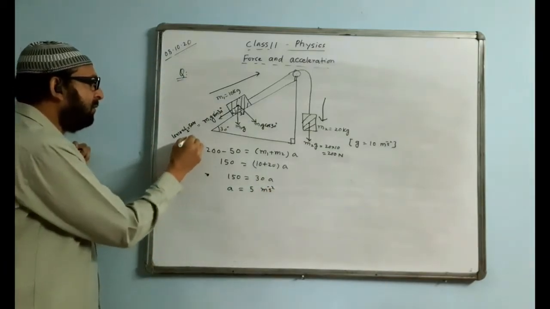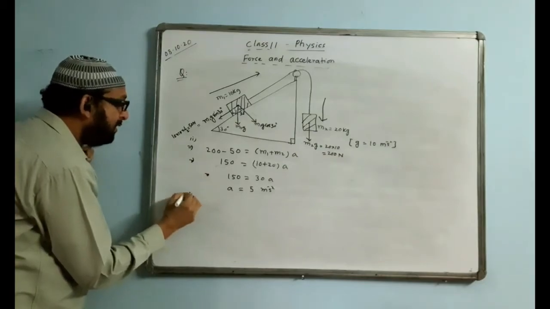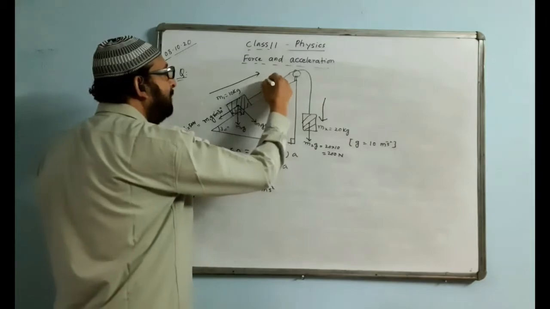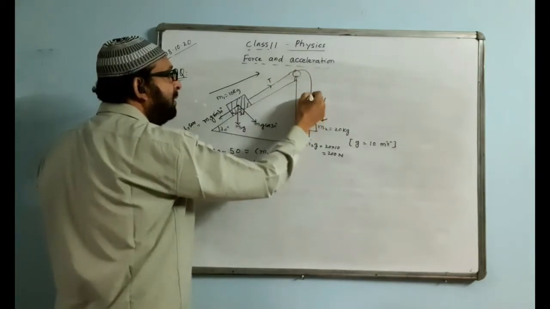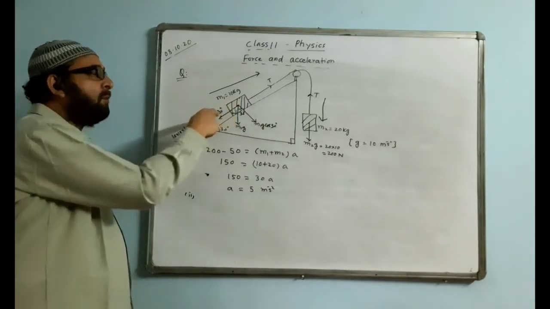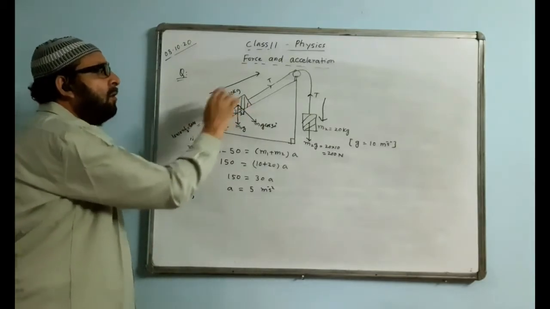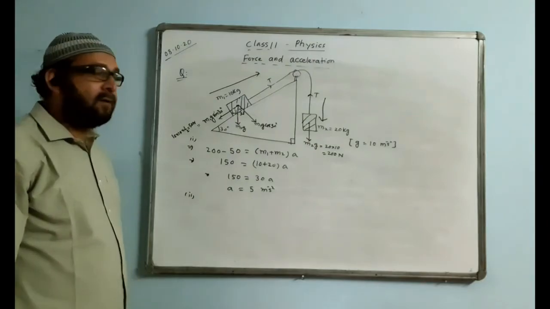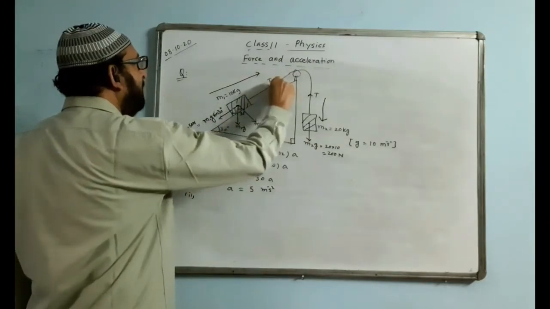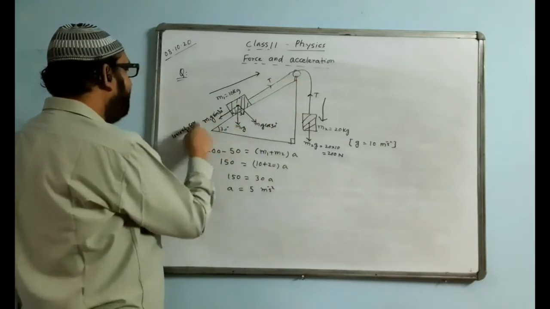First part answer we got. Now the second one, tension. There is only one string over here, so the tension will be the same. Unmarked tension T will be the same here and here also. To find tension, we can consider the free body diagram of the block M1 or the block M2. Any one way we can do. If you consider M1 mass, then T is acting this side and 50 Newton is acting this side.